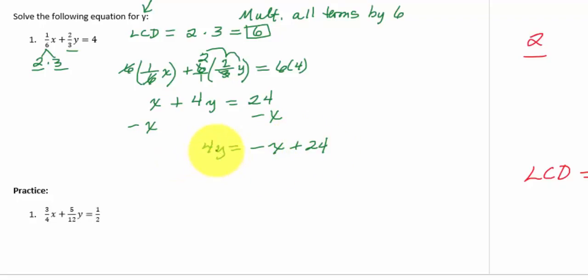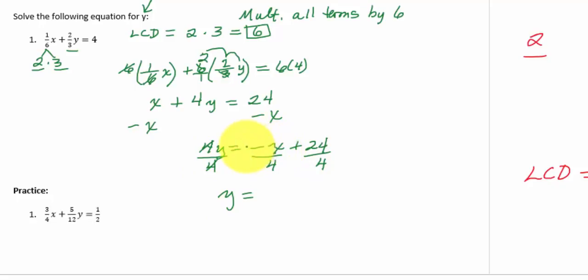And the last thing to do is to eliminate the multiplication of this coefficient 4, because 4y implies 4 is multiplied by y. So the opposite of multiplying by 4 would be division by 4. So if this term is divided by 4, all of the terms need to be divided by 4. 4/4 will reduce, leaving us y.